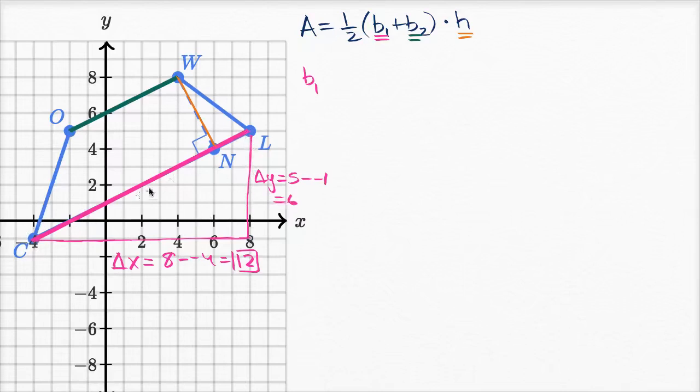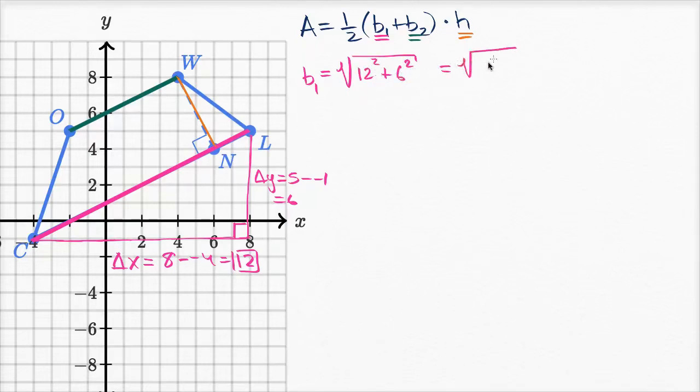The length we care about is just the hypotenuse of this right triangle that has one side 12 and one side 6. From the Pythagorean theorem, this is going to be the square root of 12 squared plus 6 squared, which is equal to 144 plus 36.